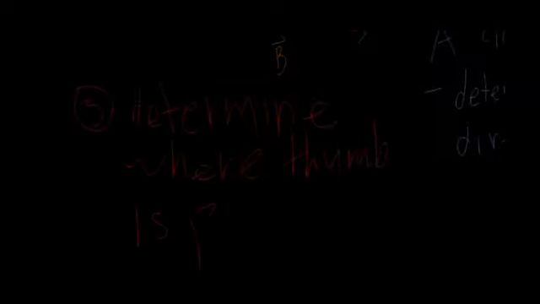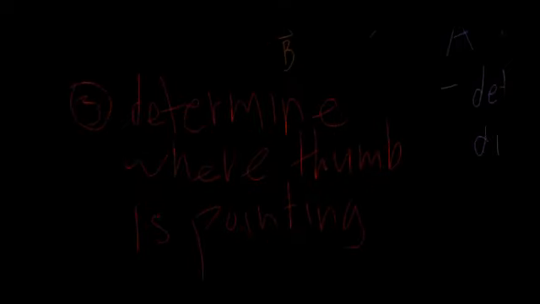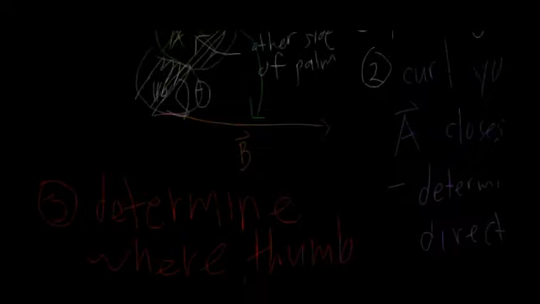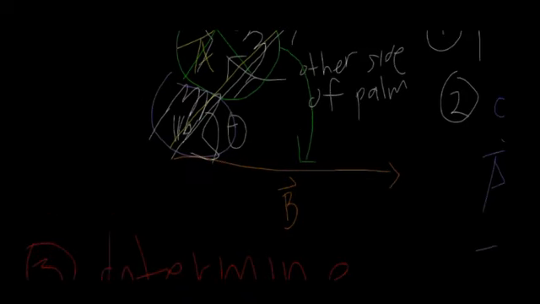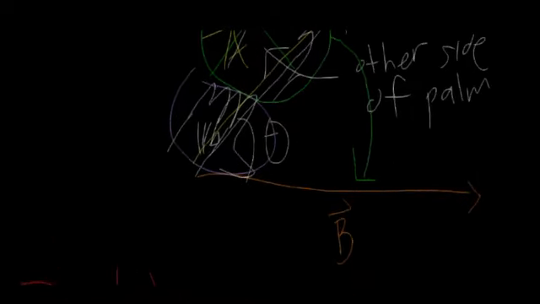The direction of the thumb is the direction of the cross product between the vector A and B. Note, always A first, then B. If it's B first, then A, then it's going to be the opposite. Let's prove that later.